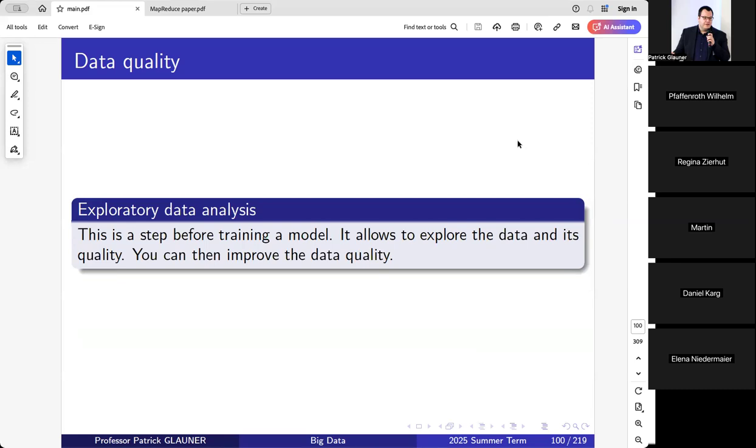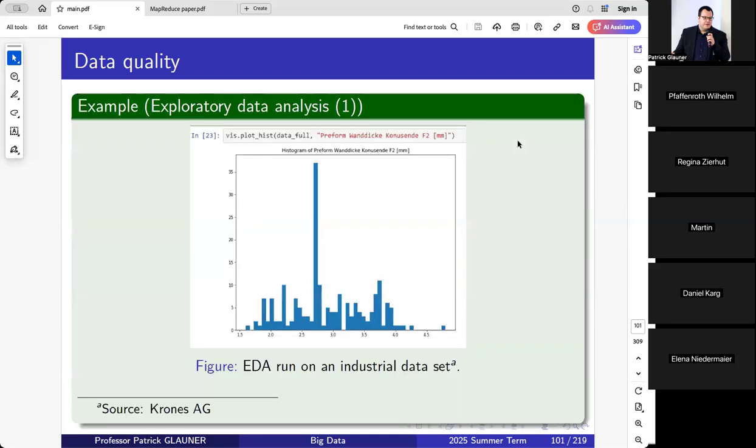You as a data scientist will not always be able to assess if all of this makes sense. You need to work together with domain experts. They can tell you if the data makes sense or not, but it's your task to maybe plot and visualize the data and find out some outliers or see if the distribution makes sense.